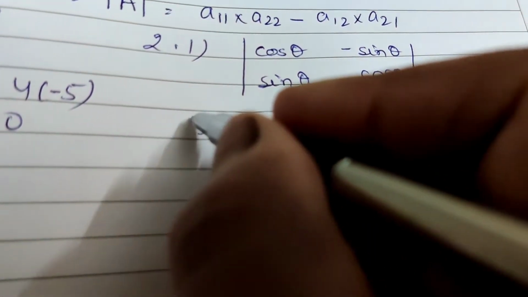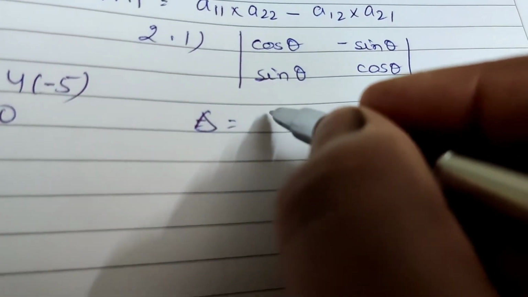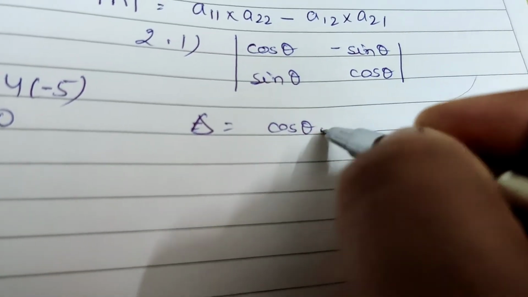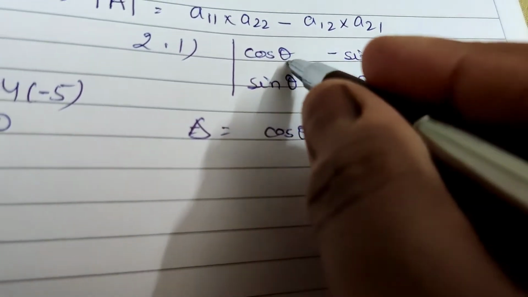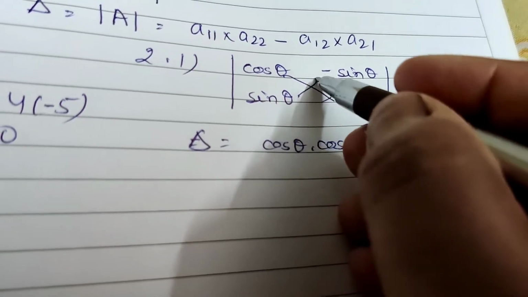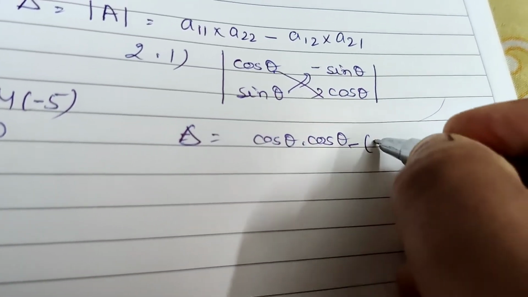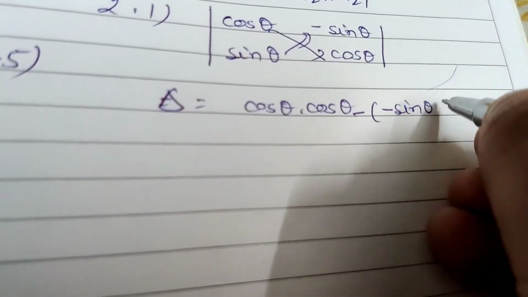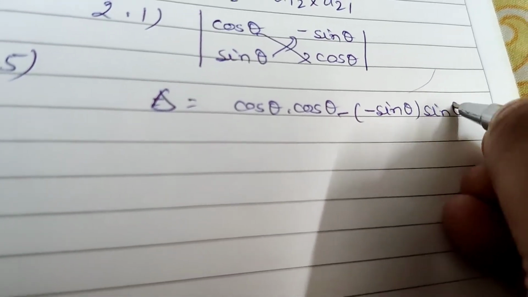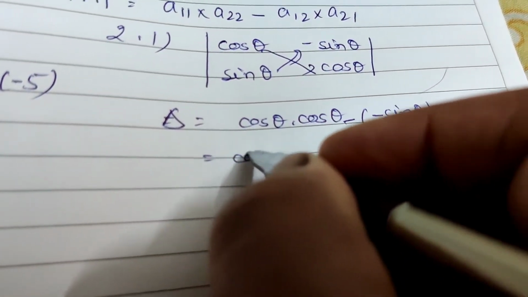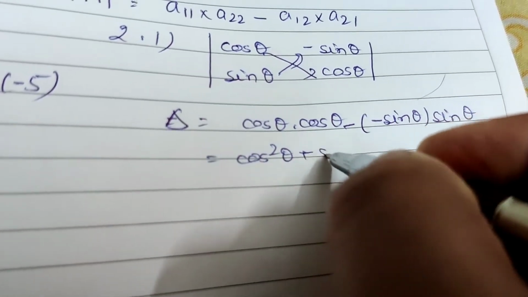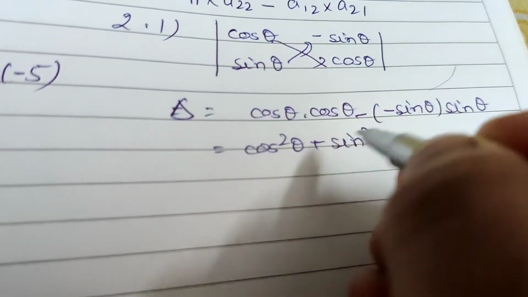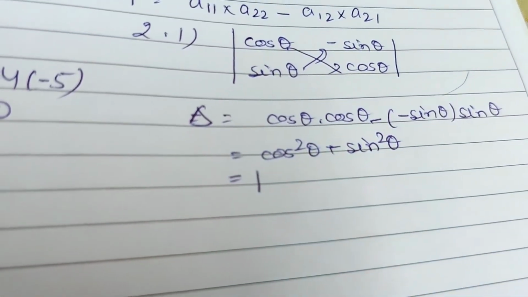Same process, the value of this determinant equals cos theta into cos theta, cross multiply, first multiply this minus this, minus sin theta into sin theta. The cos square theta plus sin square theta, the value of this determinant is equal to 1.